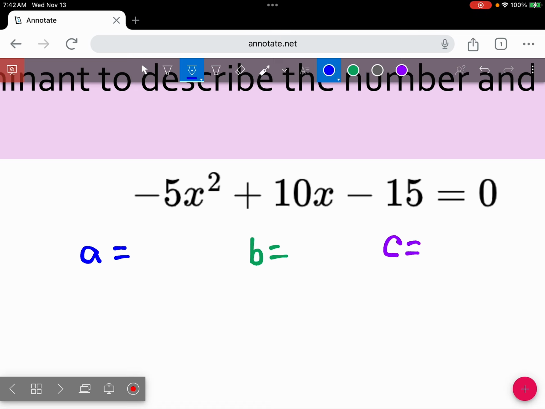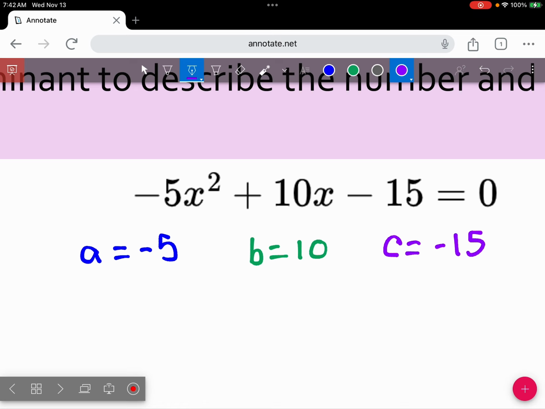What is our A on this one? -5. What is our B on this one? 10. What is our C on this one? -15.